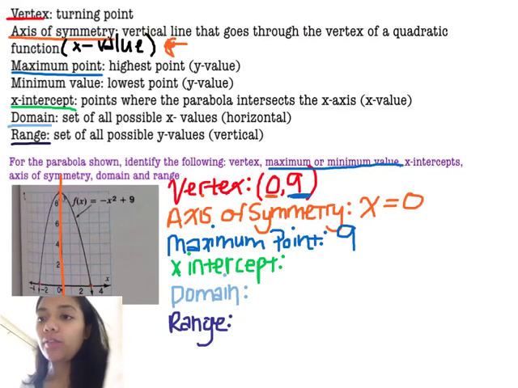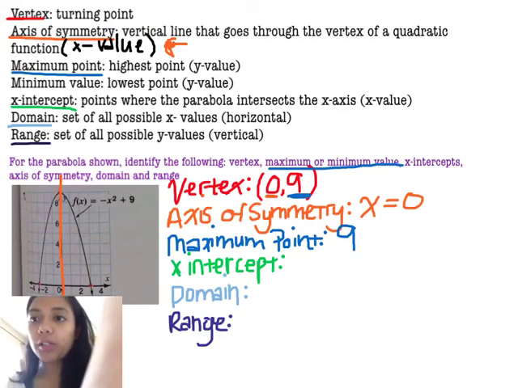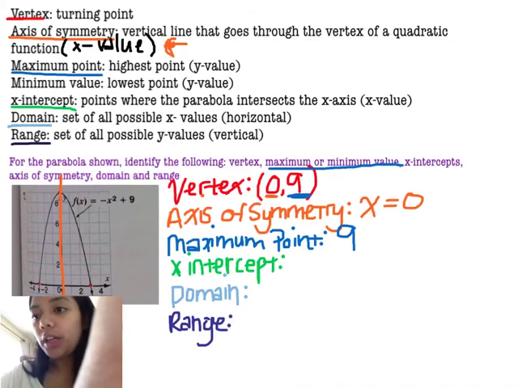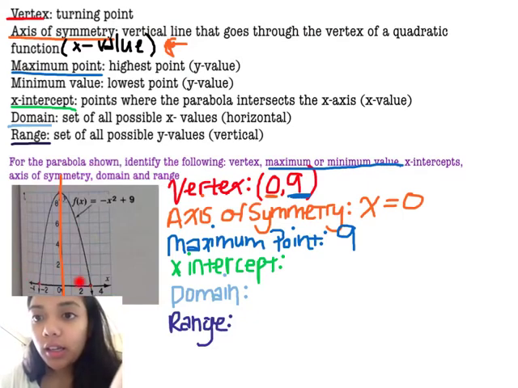Oops, I lied. You can't find out the x-intercepts from looking at your vertex. My x-intercept, I'm going to be using green, is exactly what it is. It's points where the parabola intersects the x-axis. So, here's my x-axis. Here's where my parabola intersects it, right here and right here.